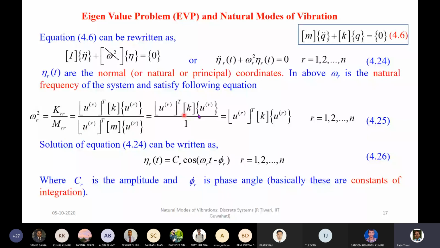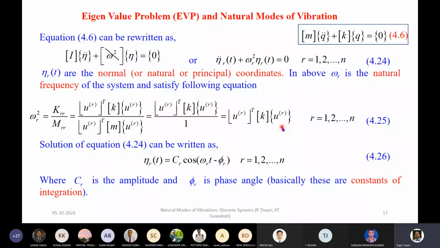So directly we are able to get the natural frequency from the stiffness matrix, pre- and post-multiplied by a particular eigenvector. And you can see r can vary from 1 to n. So all the natural frequencies can be obtained from here.